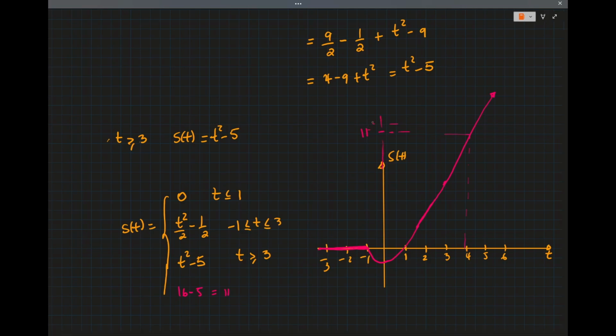Okay, so that is our graph. At t equal to 3, it should be equal to the value of the function here, which is 9 minus 5. It should be equal to 4.